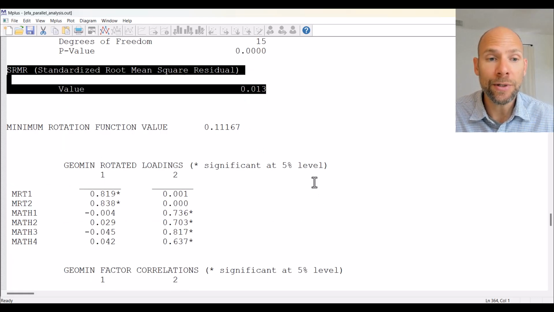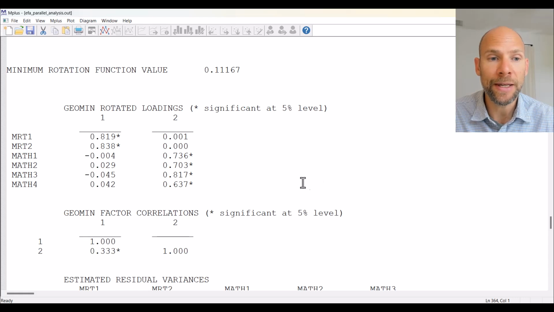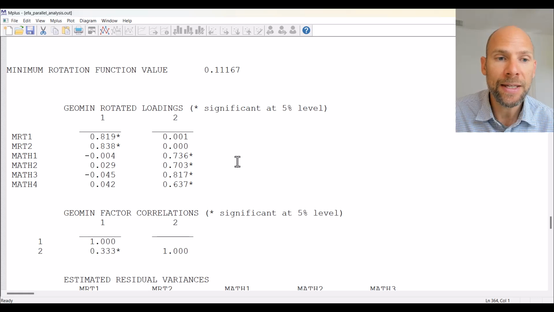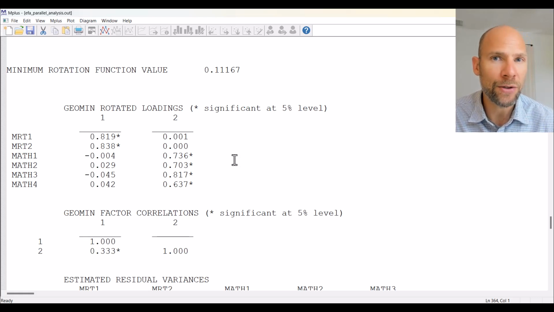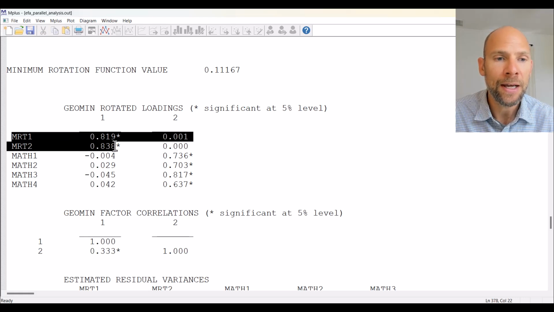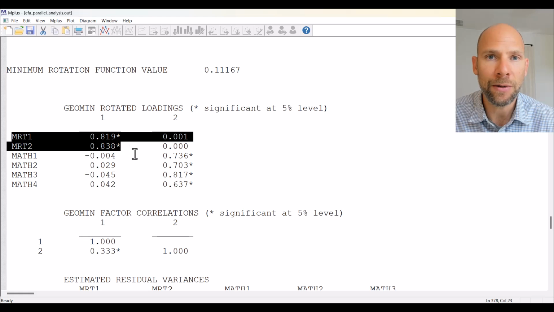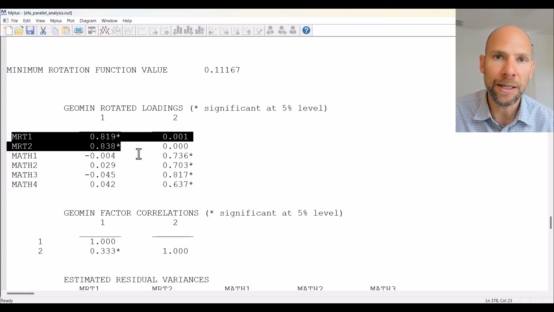Looking at the rotated factor loadings with oblique rotation, you can see that there is another indicator here that the two-factor model really is the way to go, because you can see that we get a very clean, very nice, simple structure. Here you can see that the first factor now is a factor that loads the MRT1 and MRT2 spatial ability test score variables with strong loadings.